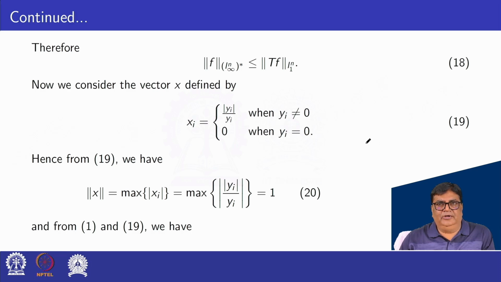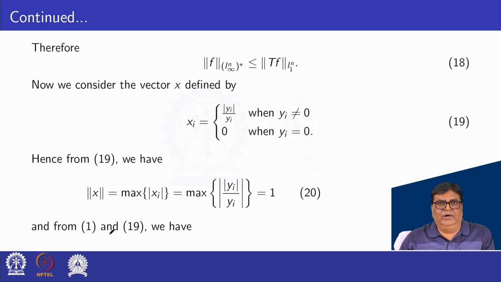Hence from equation 19, norm x equal to max of mod xi because x belongs to L infinity n. So max of mod yi upon yi, that is mod yi upon mod yi, that is 1. So norm x is equal to 1.